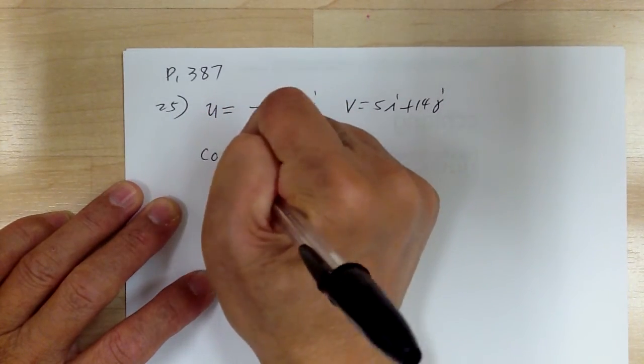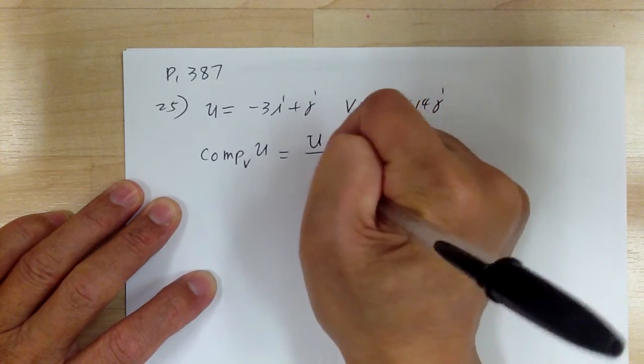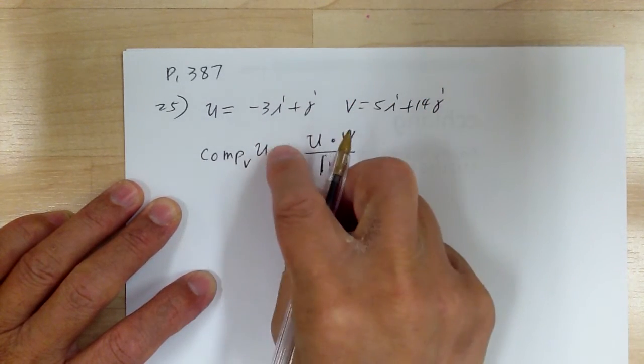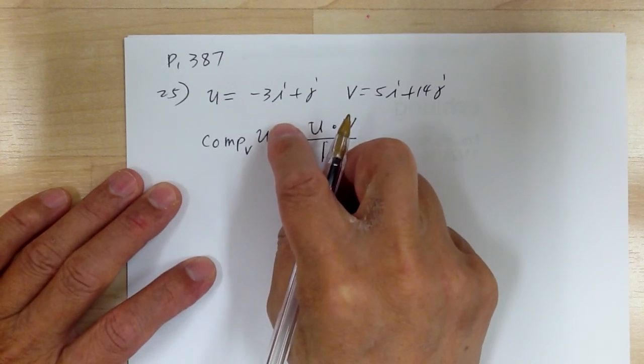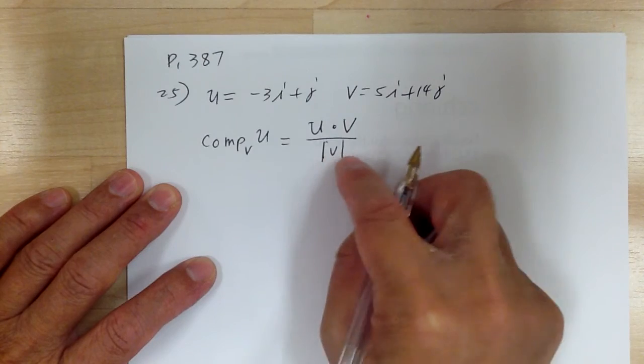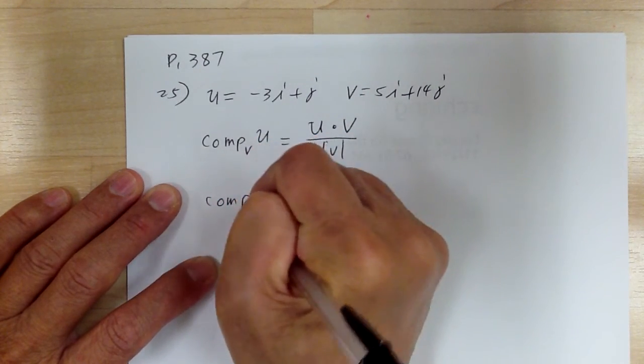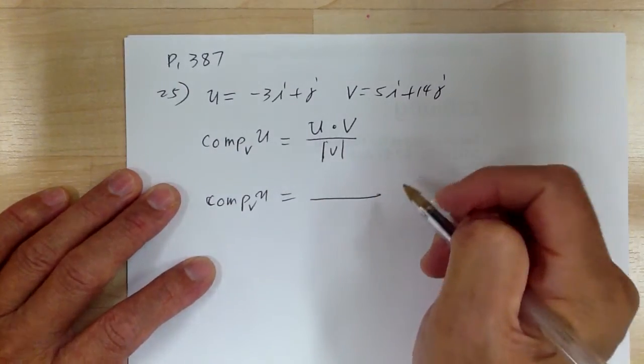Component of u on v equal to u dot v over the length of v. For the shadow of u on v, you make the dot product over the length of v.